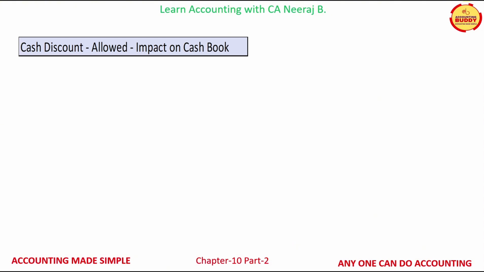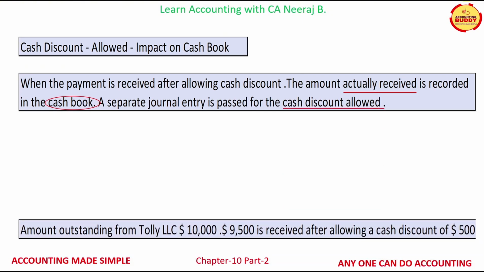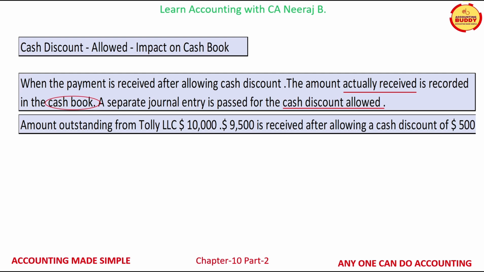In this slide, let us understand the impact on the double column cash book for allowing the cash discount. When the payment is received after allowing cash discount, the amount actually received is recorded in the cash book. A separate journal entry is passed for the cash discount allowed. For example, an amount outstanding from Tully LLC is $10,000 and $9,500 is received from him after allowing a cash discount of $500.